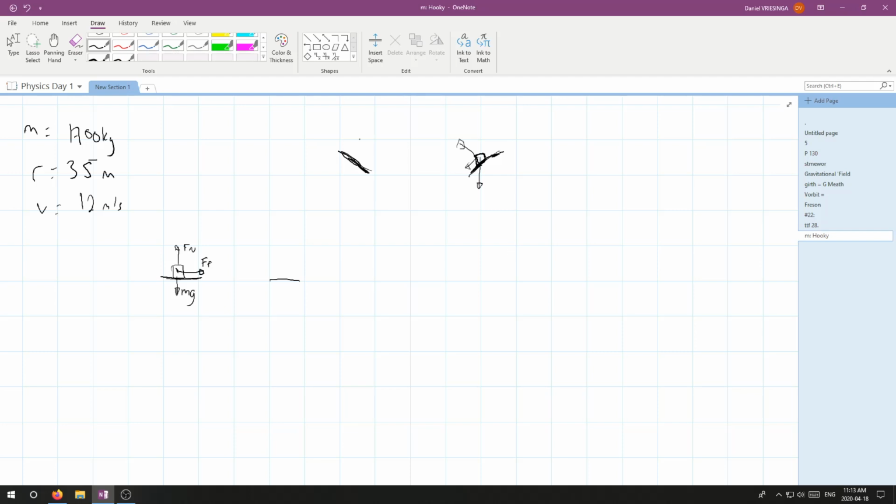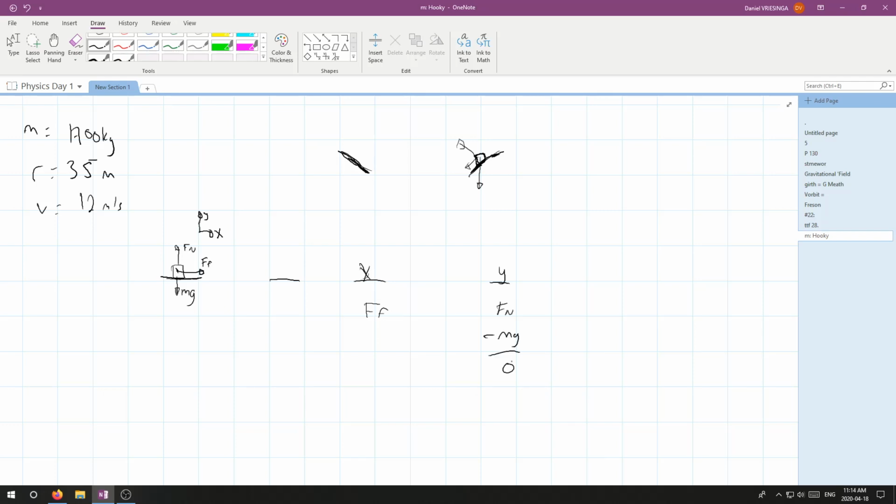If I do Newton's second law in the x and y direction, I'll do it in the x direction first and then in the y direction. Hopefully you remember how to do all this stuff. I'll say that y is up and x is to the right. And so I only have one force in my x direction. It's the force of friction. I have two forces in my y direction. I have a normal force and I have a negative gravity.